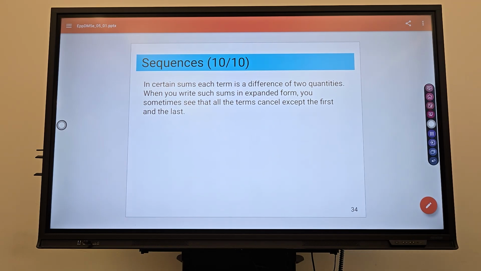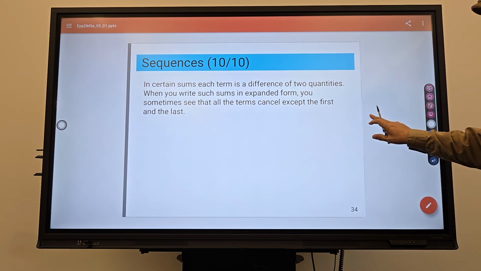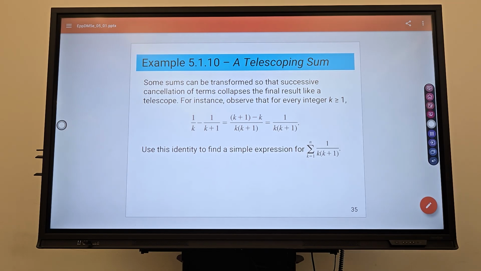In certain sums, each term is a difference of 2 quantities. When you write such terms in expanded form, you sometimes see that all the terms cancel except the first and last terms, which can be handy. Some sums can be transformed so that the successive cancellation of terms collapses the final result like a telescope.